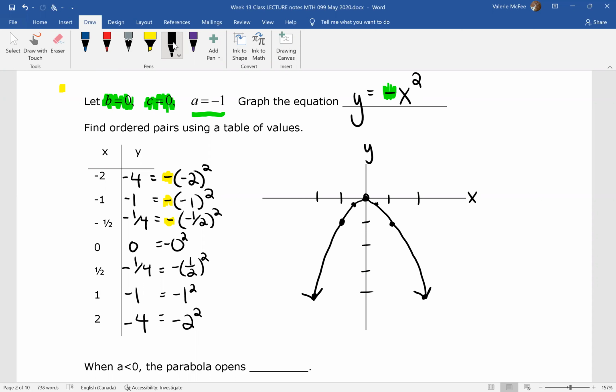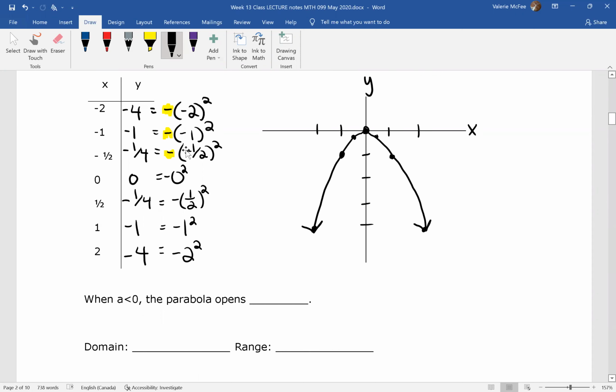We again have that shape. We again have a parabola. But this time, because a equals -1, which is a less than 0, we see that the parabola opens down.